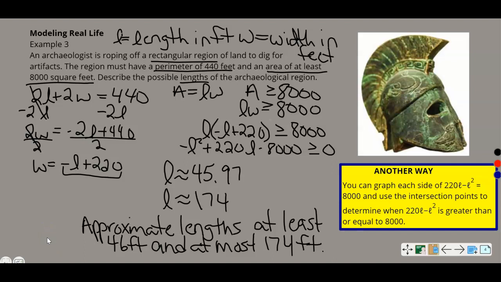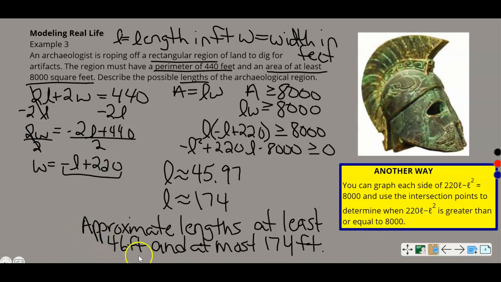All right, and you can choose a value in between 46 and 174. Choose a number like 100. You could plug that in and see that it makes both the perimeter equation and the area equation work. And then if you wanted to find the width that went with that length, you could do that as well.